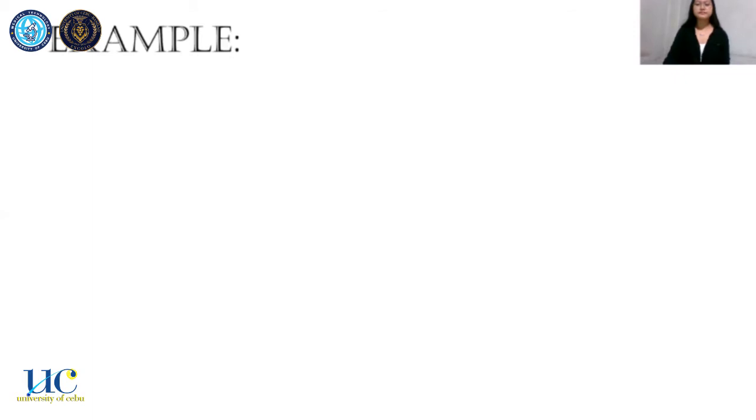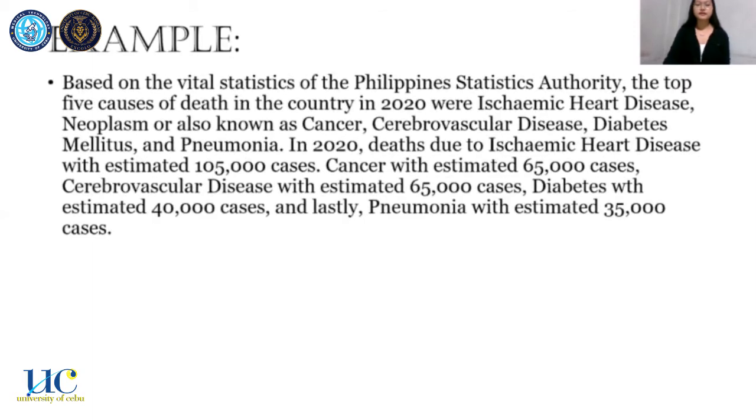For example, based on the vital statistics of the Philippine Statistics Authority, the top 5 causes of death in the country in 2020 were ischemic heart disease, neoplasm, also known as cancer, cerebrovascular disease, diabetes mellitus, and pneumonia.